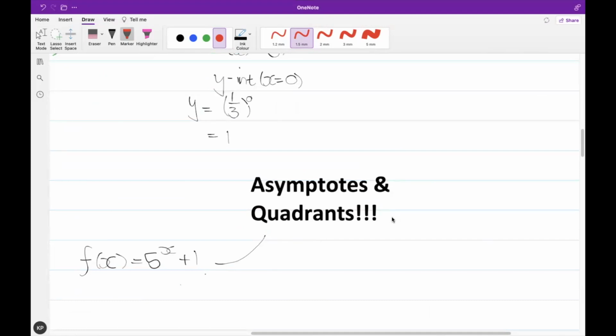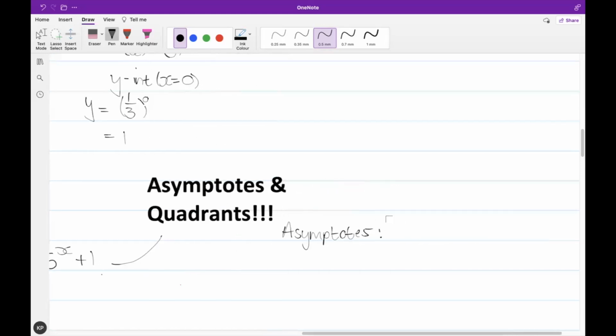So for asymptotes, if you do not have a Q, so I'm going to say no Q means the x-axis is the asymptote.